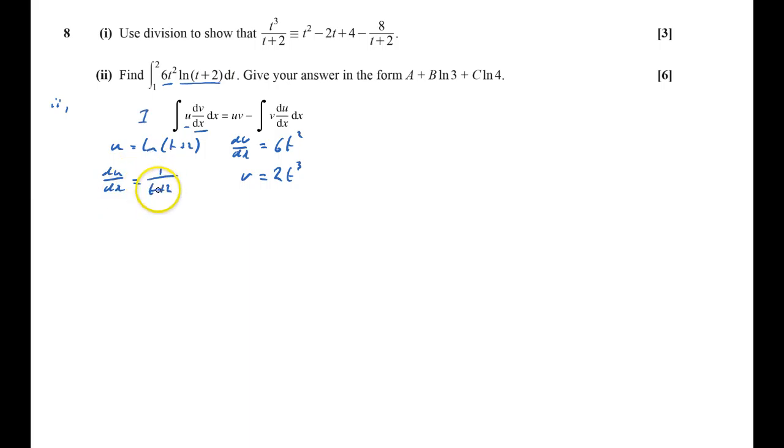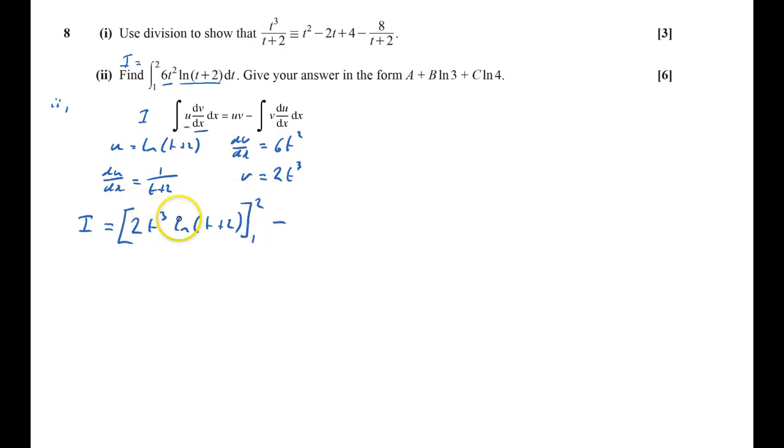If I let I equal this, writing the thing down, I equals, the first bit is uv, so that will be, I'm going to do it the other way around, 2t cubed times ln of t plus 2. That bit is between the limits of 1 and 2.